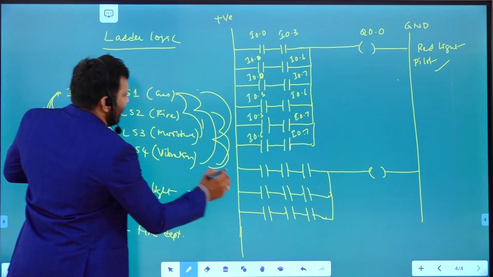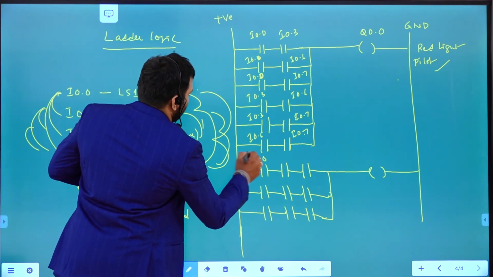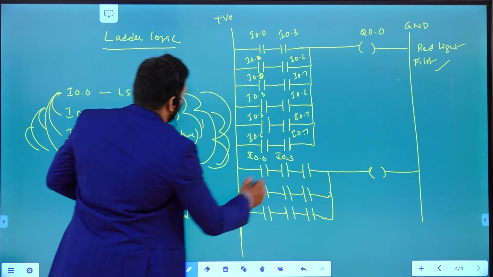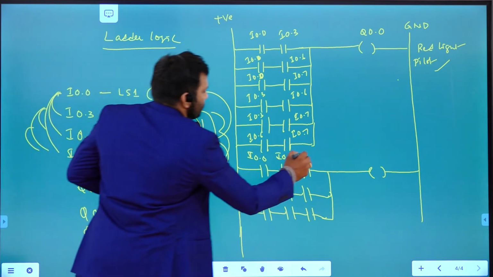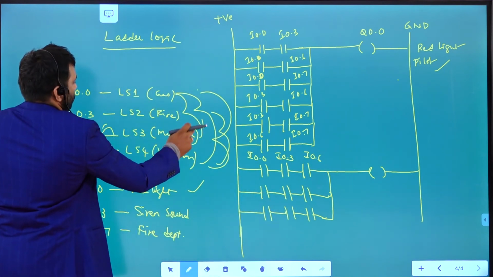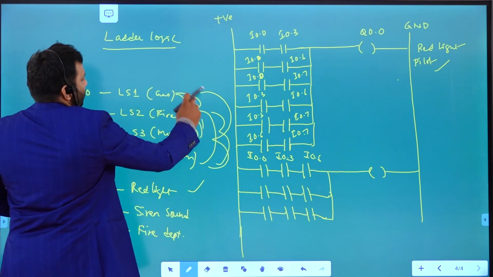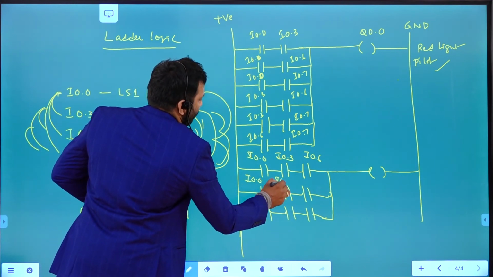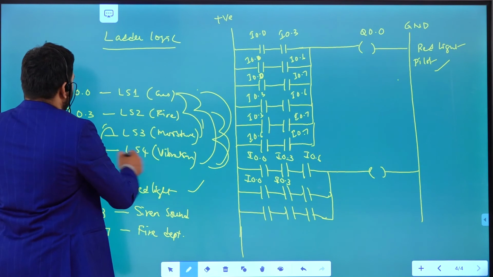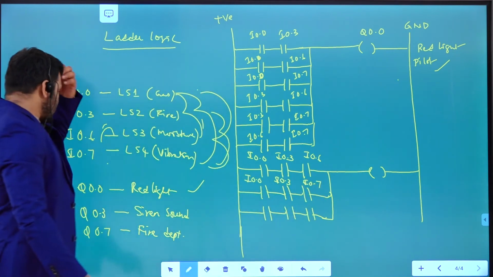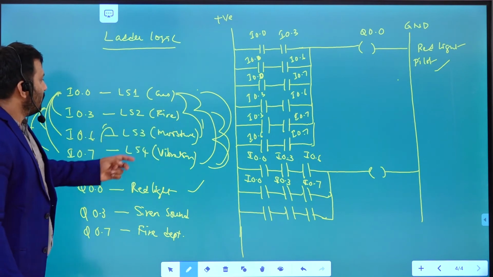So here I0.0, right, I0.3, right, I0.6. This one combination. Then this one I0.0, I0.3, right, then I0.7. So next combination, then what?